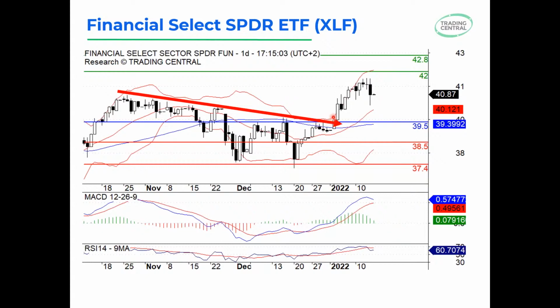It crossed above a declining trend line, and it is now above both the 20-day and 50-day moving average. Financial stocks are doing well these days because people are still thinking that the Fed will increase interest rates at least 3 times this year. We say it is growing expectations of higher interest rates.